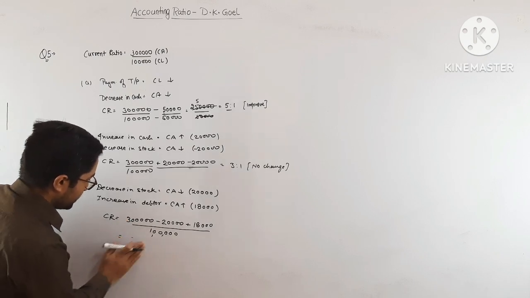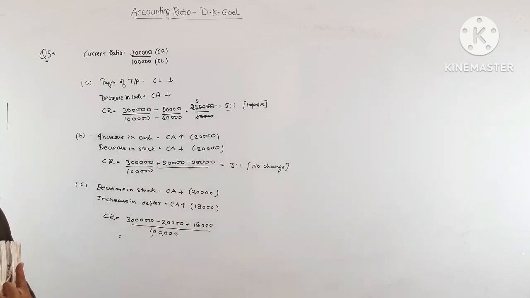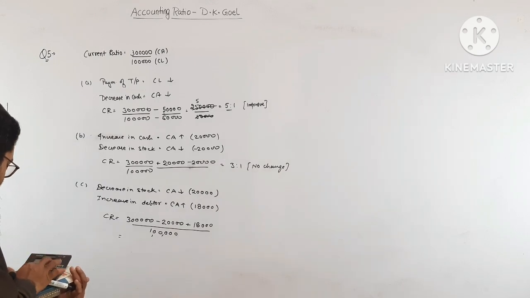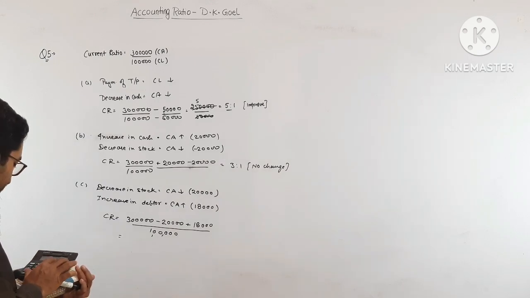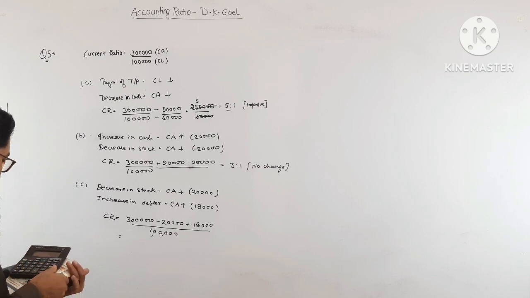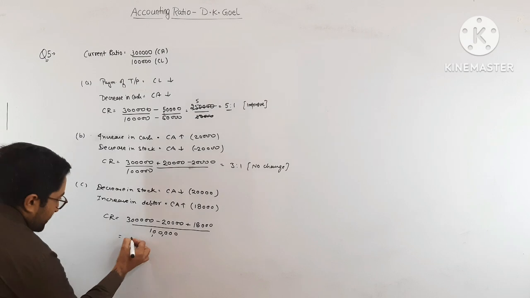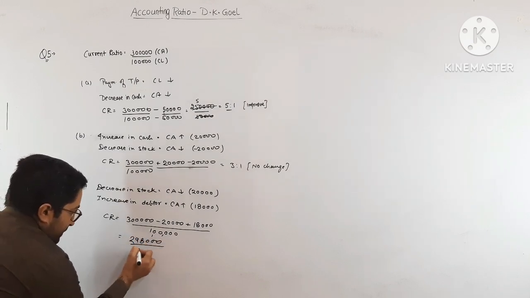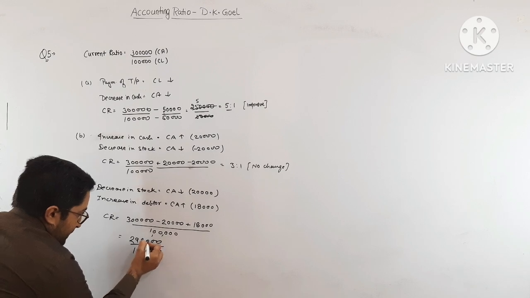Let's check. 3 lakh minus 20,000 plus 18,000 is 2,98,000 upon 1 lakh rupees.